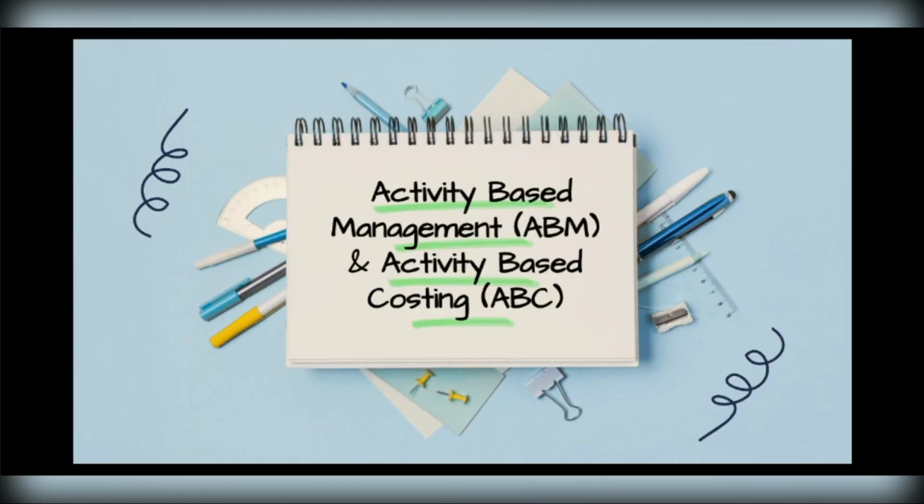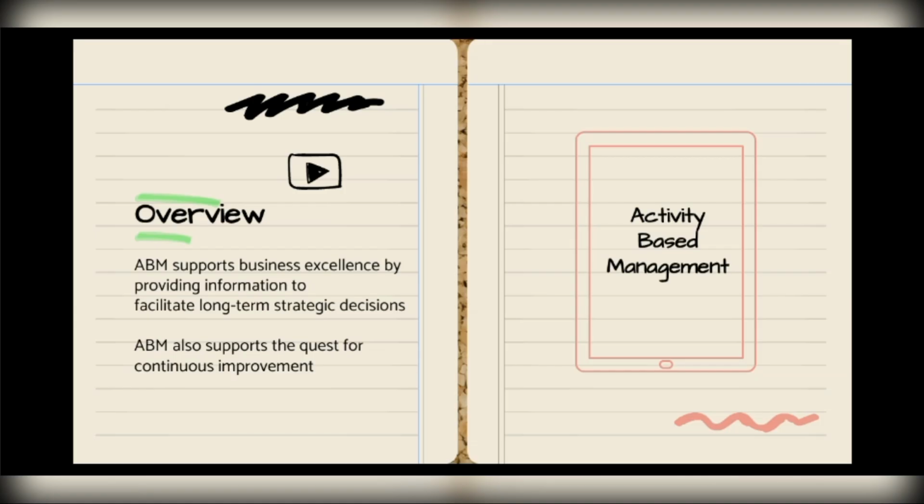Now I will proceed with the presentation on the activity-based management and activity-based costing section. The first is the difference. An overview of activity-based management. Activity-based management supports business excellence by providing information to facilitate long-term strategic decisions of a company.